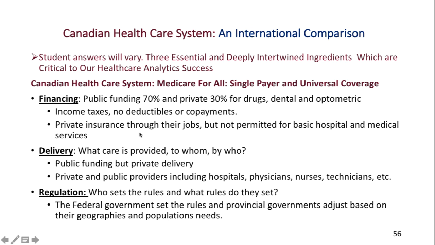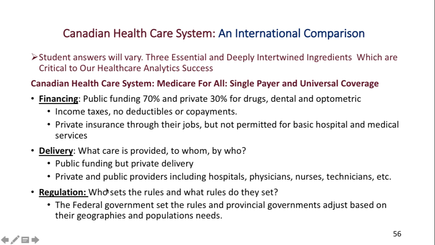Also for private insurance, people have it either through their jobs. But it's not permitted, of course, for basic hospital and medical services. So these private insurance plans are for expenditures on drugs, dental, and optometrics.